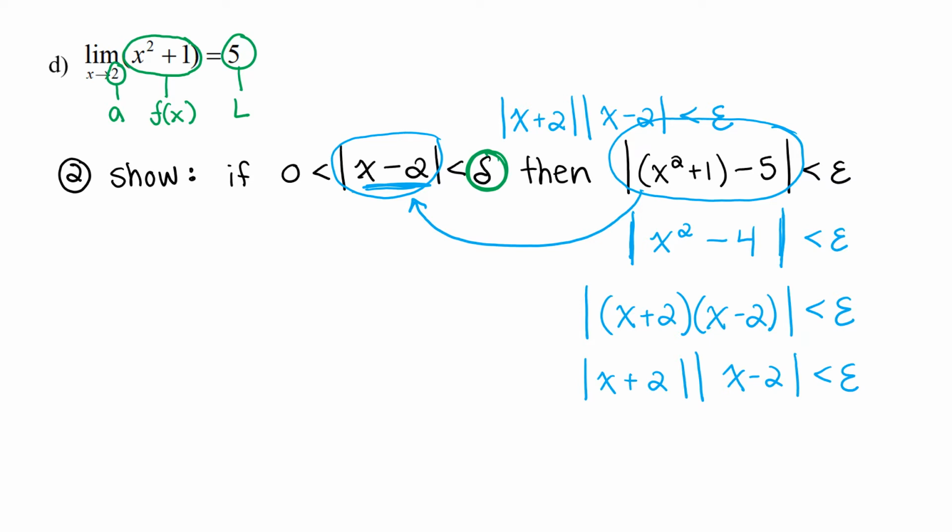And we're trying to get to just having this absolute value of x minus 2 is less than something. And we could divide by this absolute value of x plus 2, but something weird will happen. We have a problem here. Delta has to be a number.